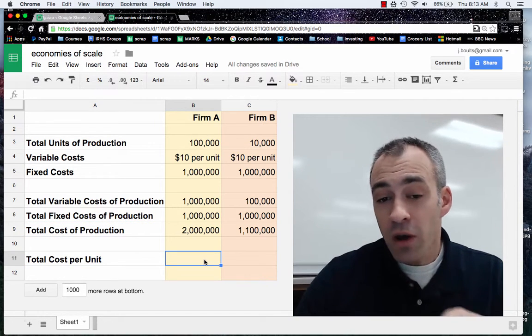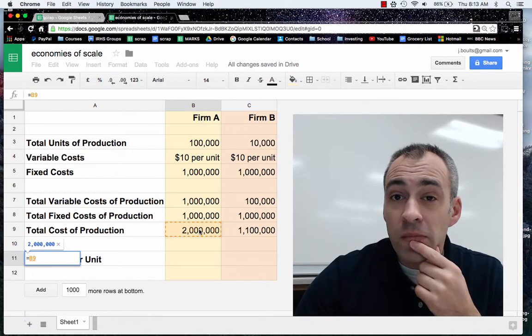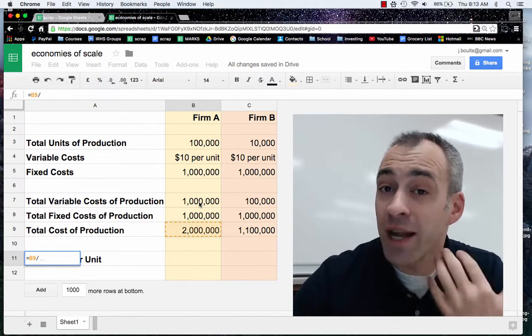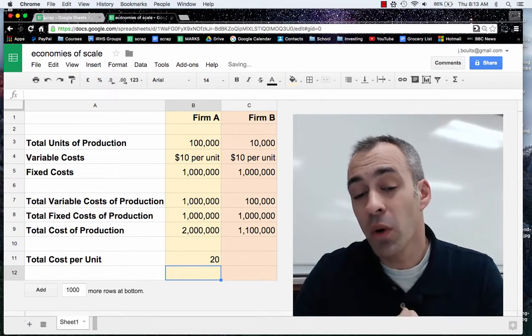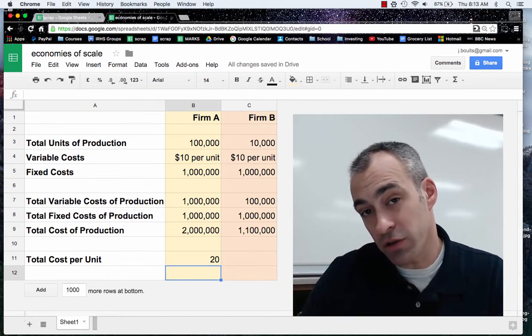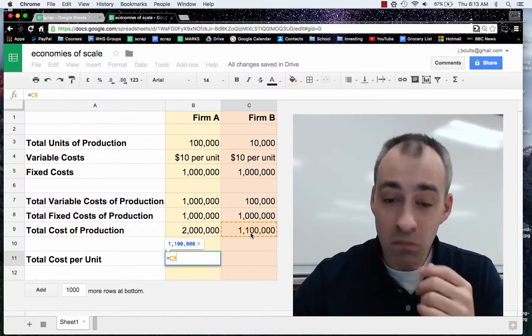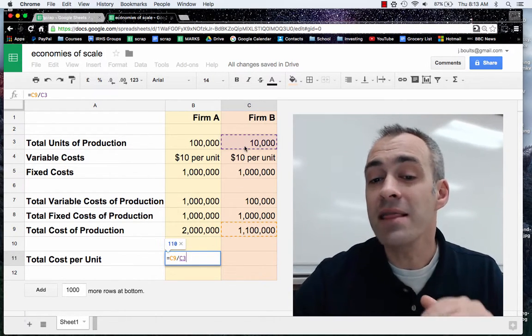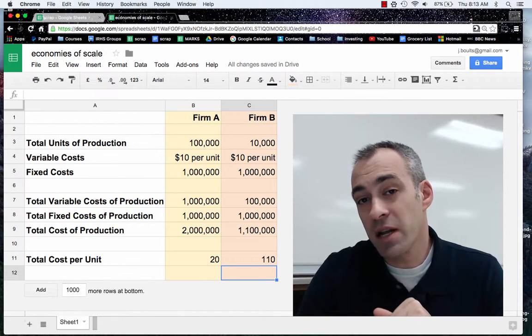So if you incurred $2 million of total production costs by producing 100,000 units of output, your cost per unit is $20. Likewise for firm B, if you had $1.1 million of total cost to produce just 10,000 units of output, your cost per unit is $110.